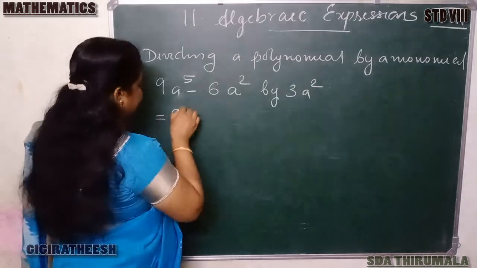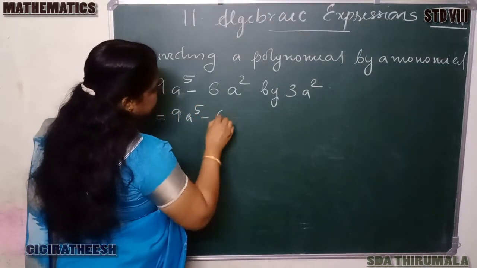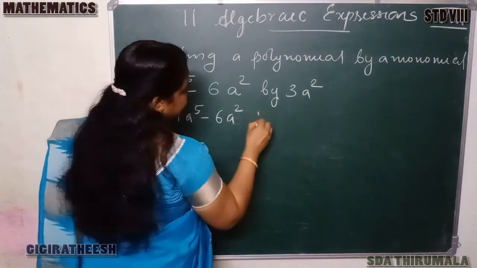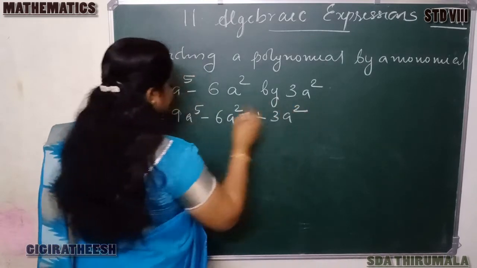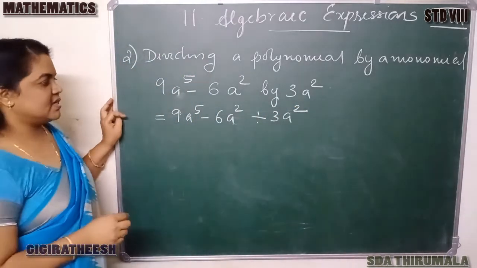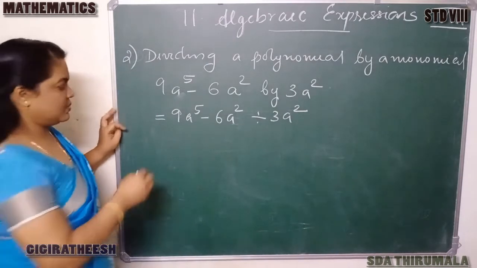9a raised to 5 minus 6a squared divided by 3a squared.